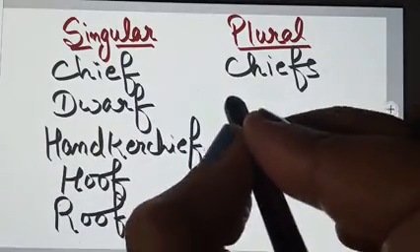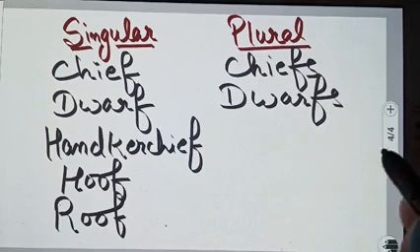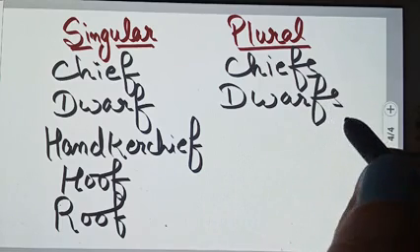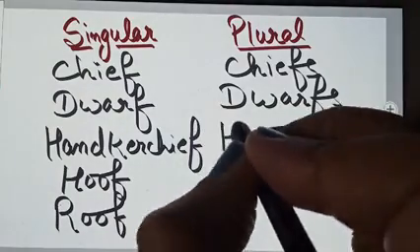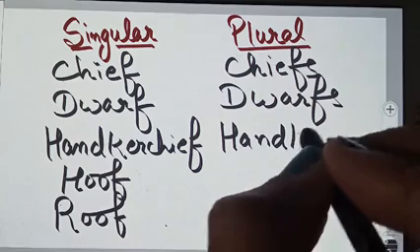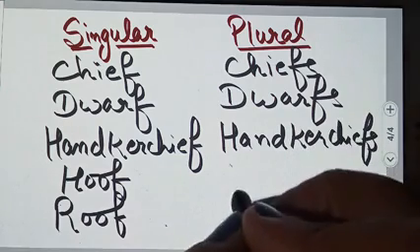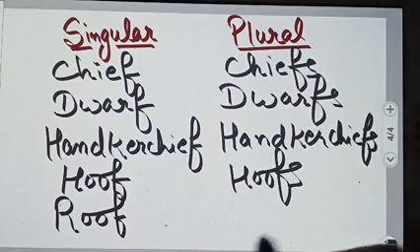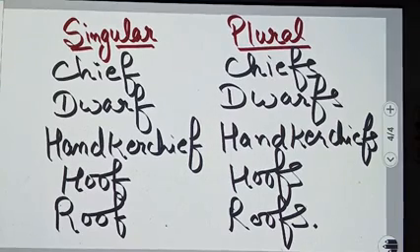Likewise, dwarf is there, so it has become plural. Dwarfs, handkerchiefs, so likewise you will just add S with that. Hooves, roofs, like that only.